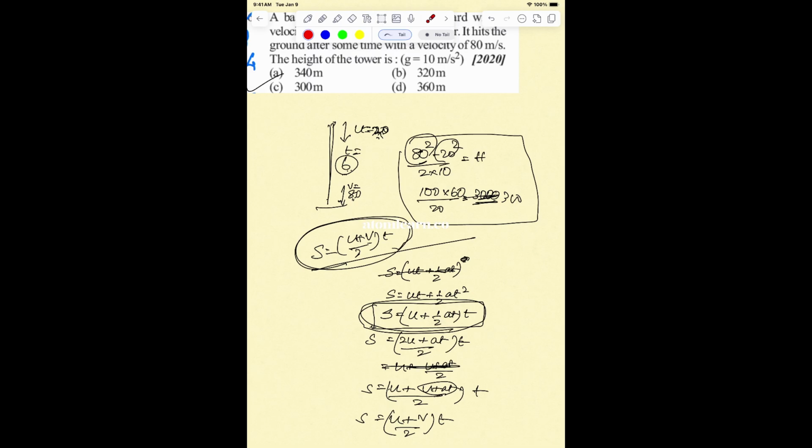You can think of it mentally: 5 into t, 6, 30, plus initial u, 50, into t again, 6, equal to 300, can be accomplished mentally much faster. This method is even faster than using S equal to (u plus v) by 2 into t. You can think about it. There are ways.